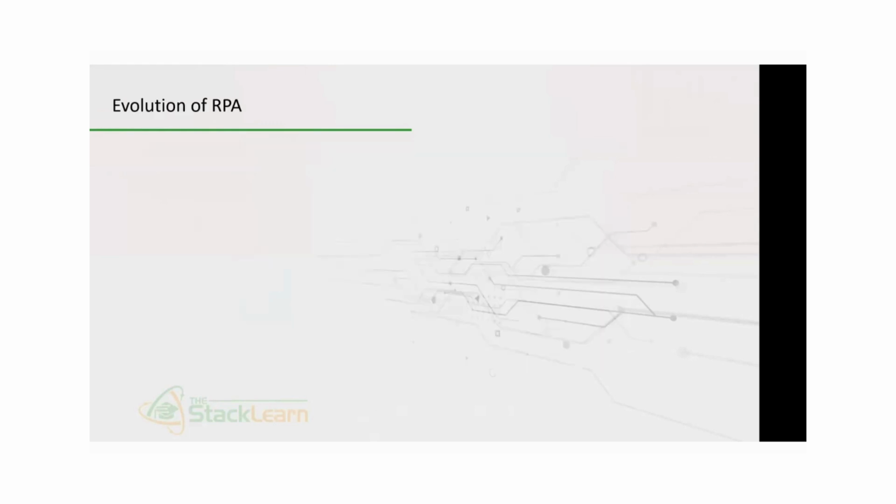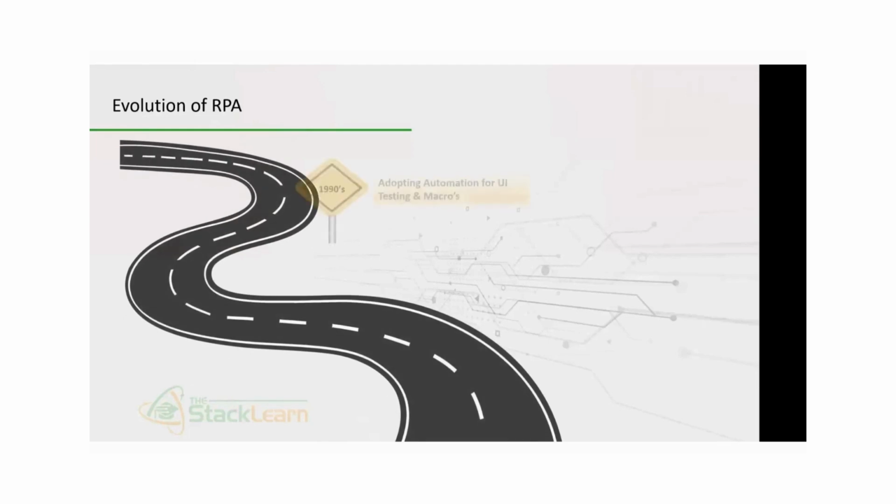Okay. So going to the evolution of RPA, where exactly it has started, or from when it has started. Basically in the 1990s is where it started, not RPA, but traditional automation, where they implemented macros. Most of the people may be aware that if you open any Excel file, you will see a tab called Developer or Automate, where you will see macros.